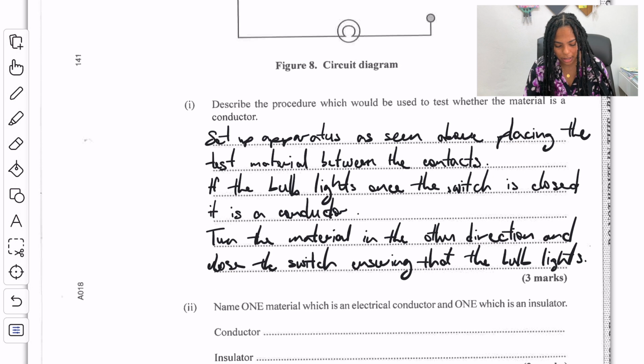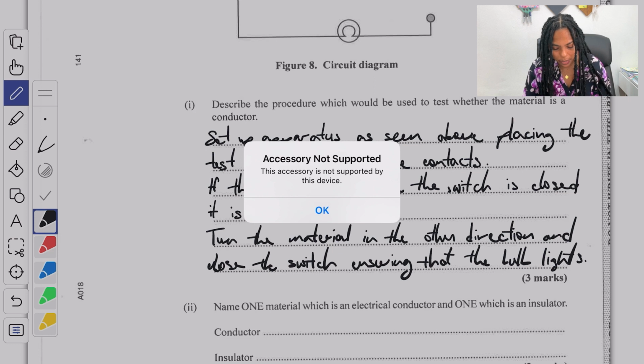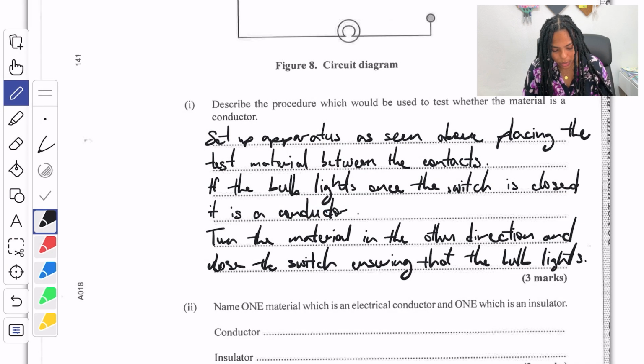Name one material that is an electrical conductor and one which is an insulator.